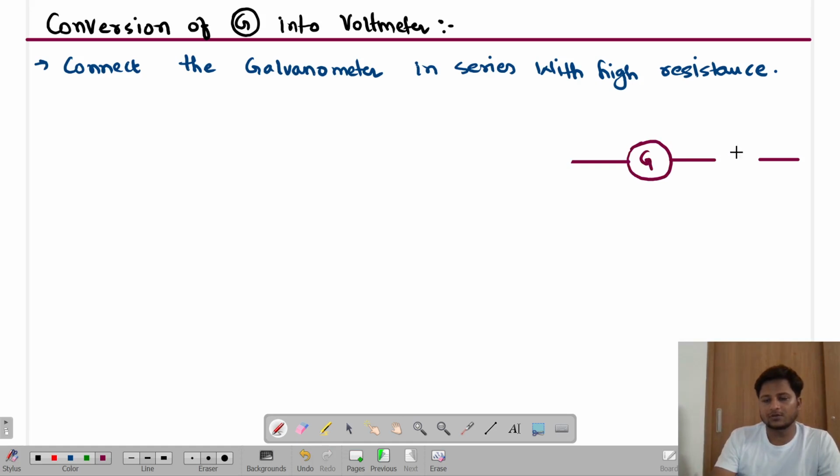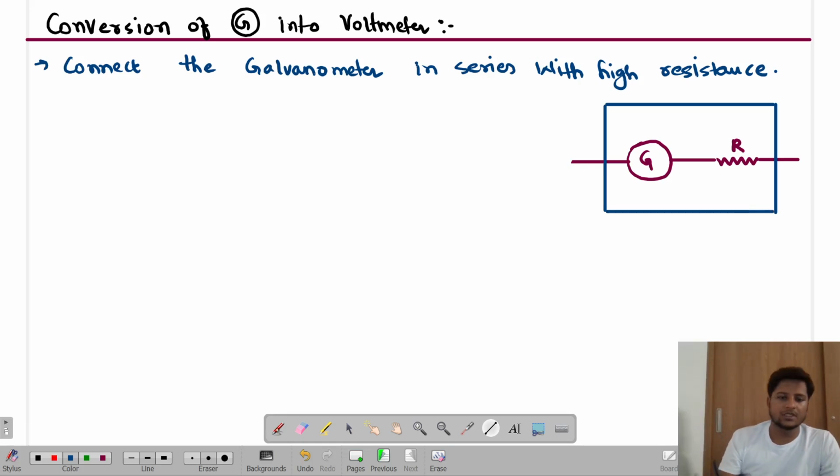this is galvanometer, this is resistance R, and let's suppose I connect them in series, then this is going to be called a voltmeter.